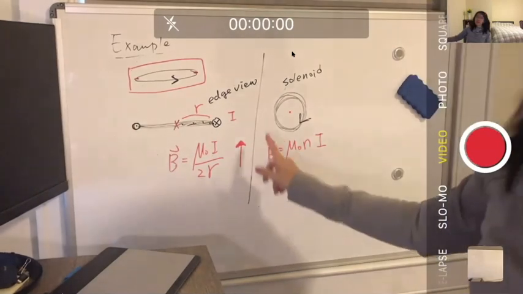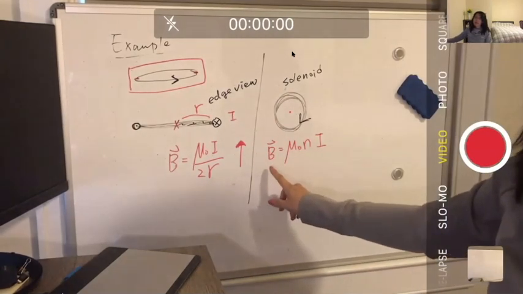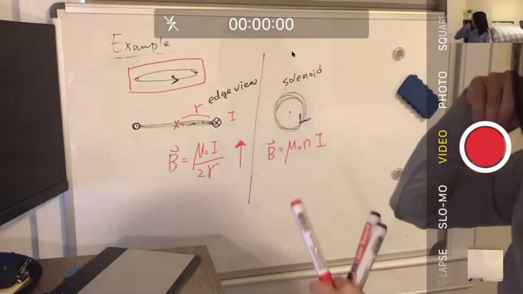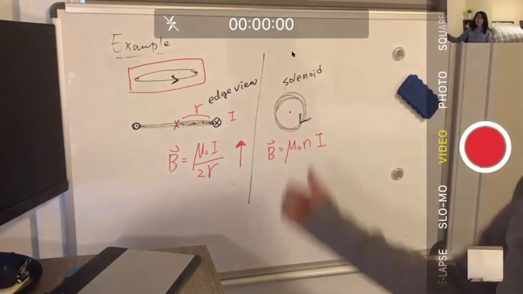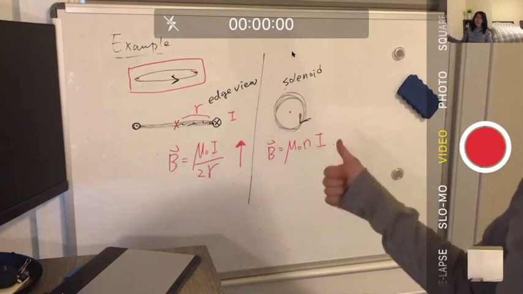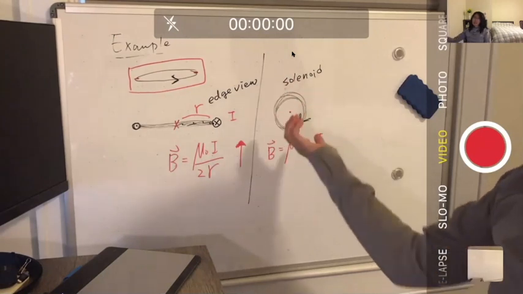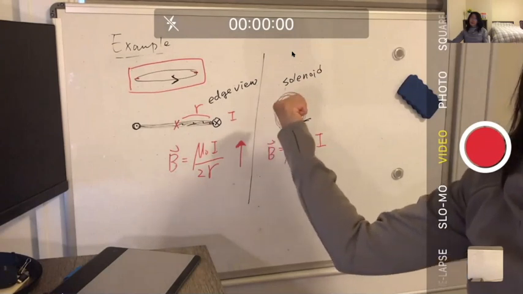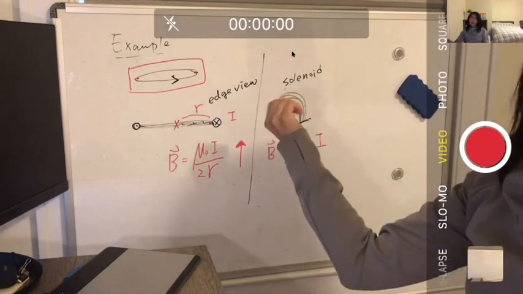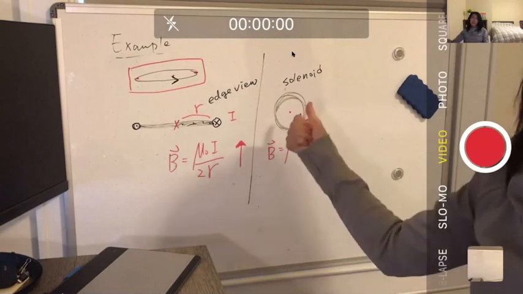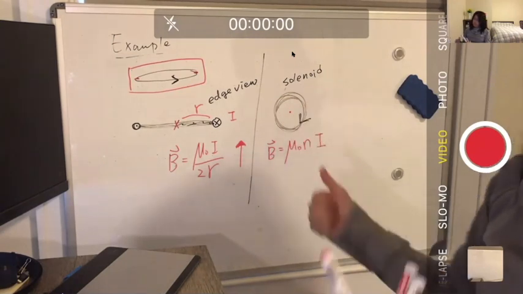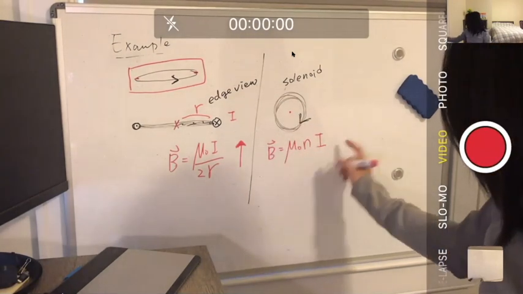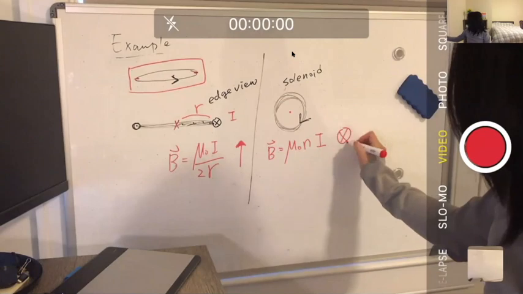The B field at the center will be mu naught n I, because it's a solenoid. And how about the direction? Again I want to use right-hand rule 2. My 4 fingers curl this way, which is the current. If my 4 fingers curl this way, then my thumb will be into the page, so the magnetic field at the center will be into the page at this point.